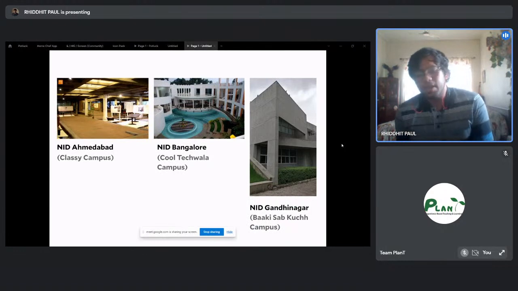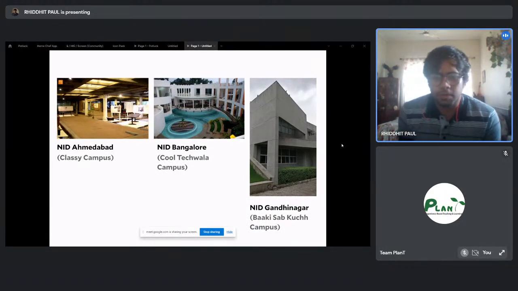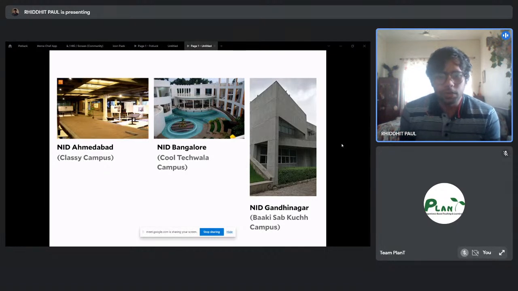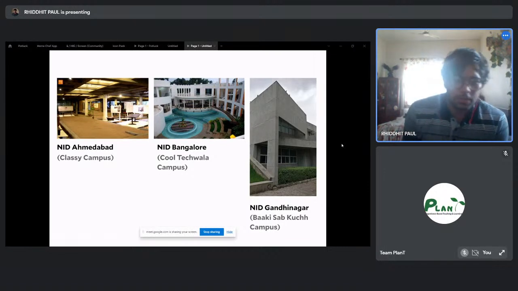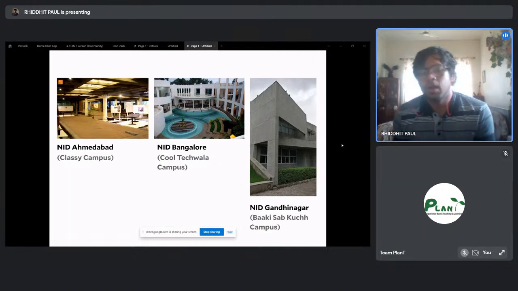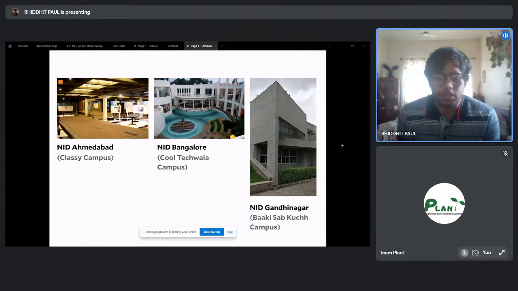So at NID, there are mainly three campuses for the masters in design. There's the NID Ahmedabad campus, which focuses on classical design such as furniture design, jewelry design, graphic design, communication design. There's the NID Bangalore campus, where I'm at, which focuses on interaction design, tech, IT integrated design, we call it, design of mobile applications, design of new technologies, right?